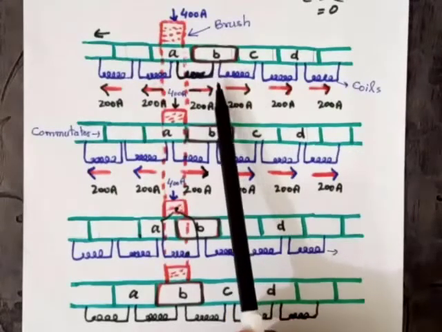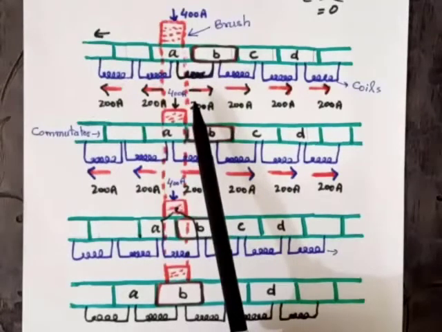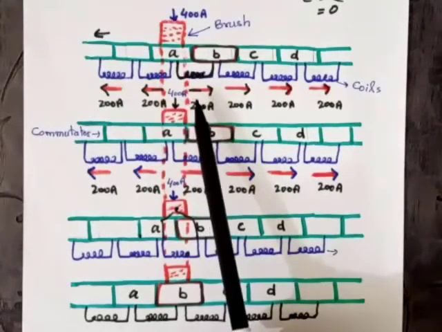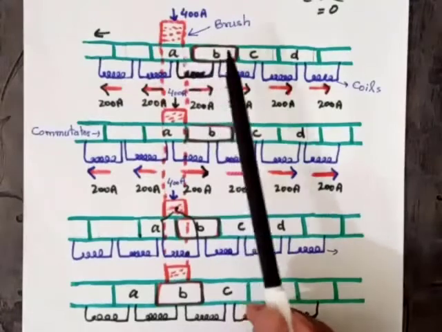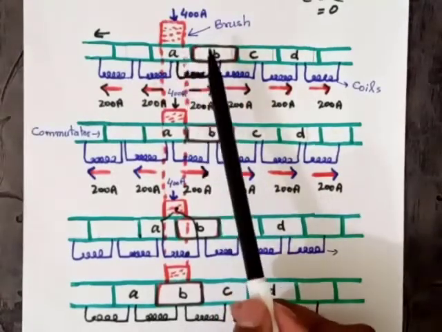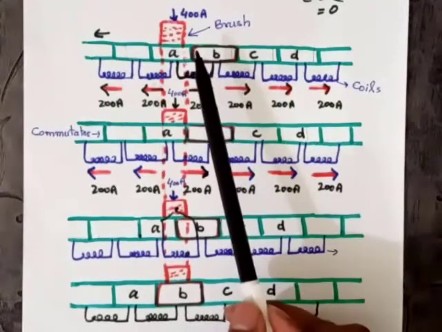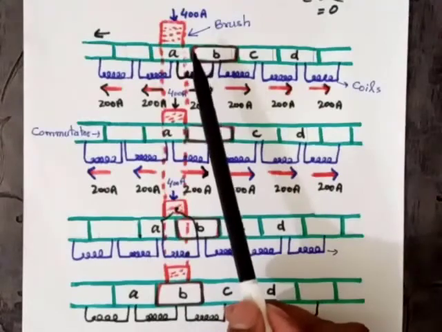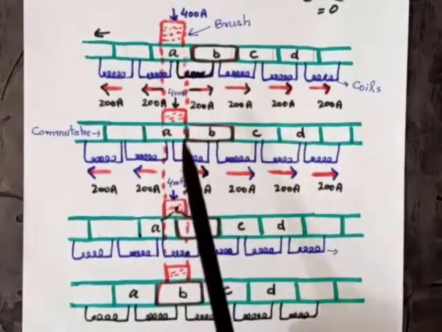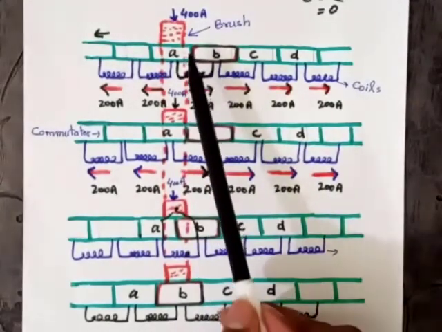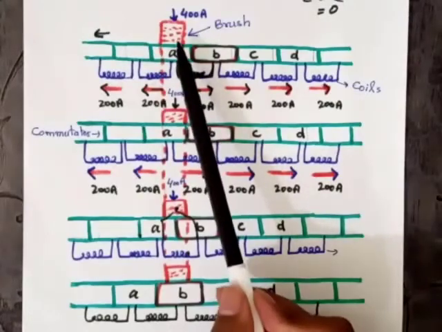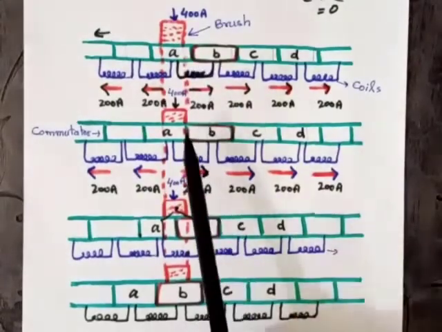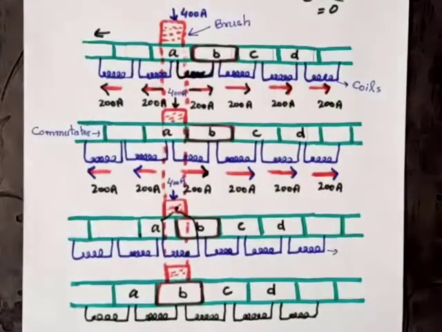Notice that in each point the brush position is constant. As you can see in this figure, as we have already known, the brushes are fixed in any machine. In each position, in each point, the position of the brush is fixed.